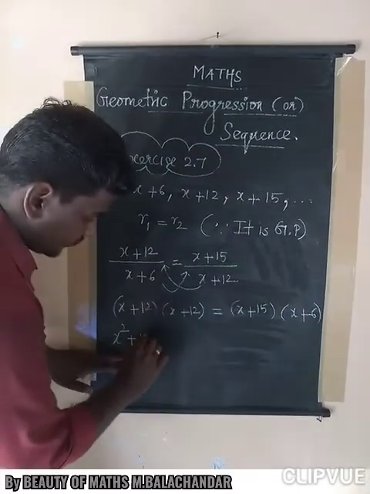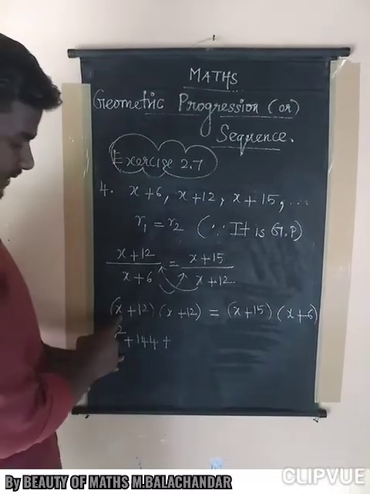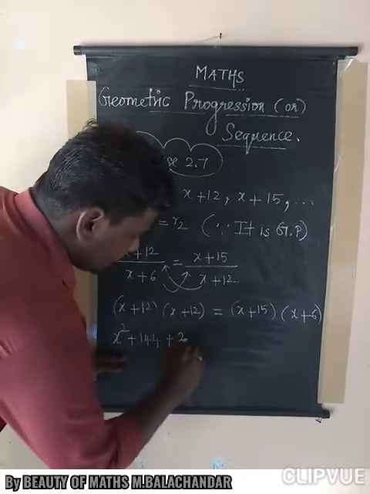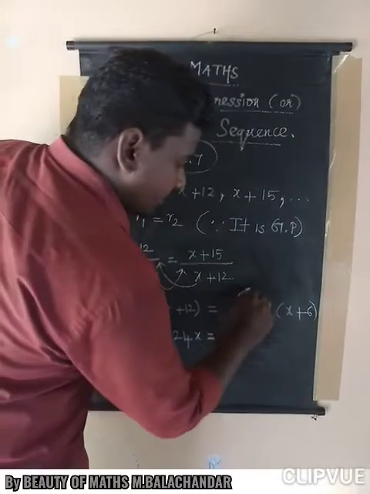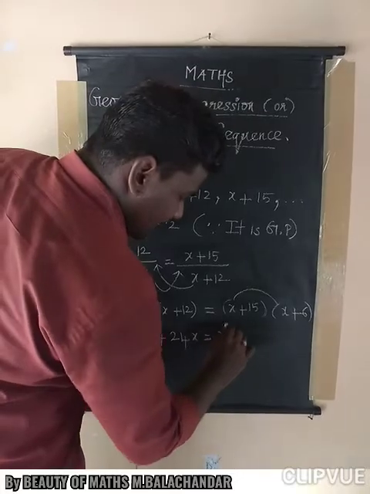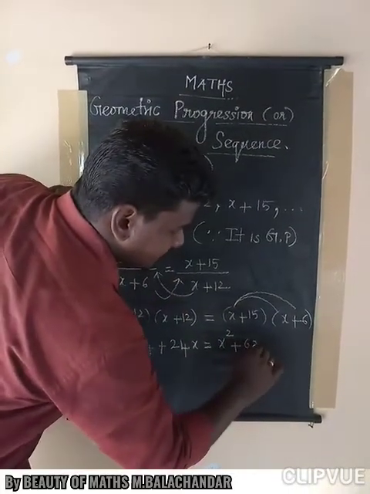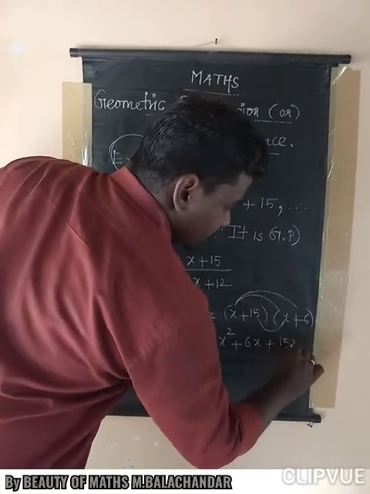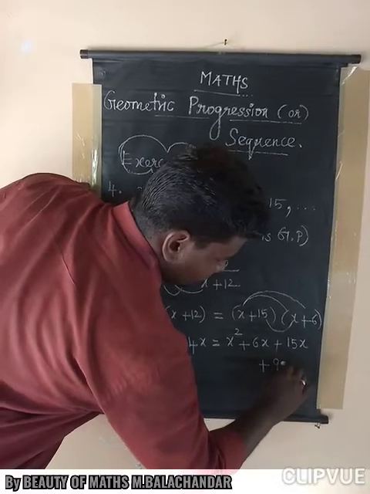B is equal to 12. 12 square value 144 plus 2 into x into 12, 24 into x, which is equal to x into x, x square, x into 6, 6x, plus 15 into x, 15x, plus 15 into 6, that is 90.